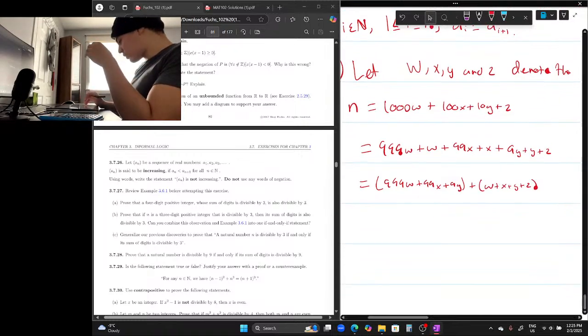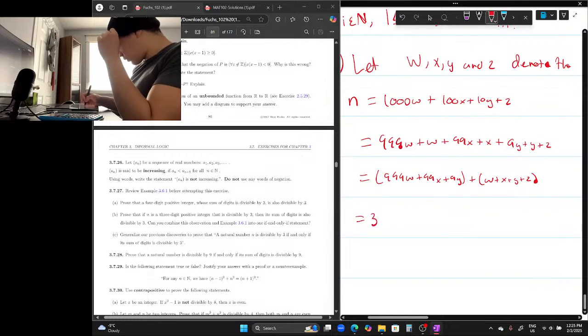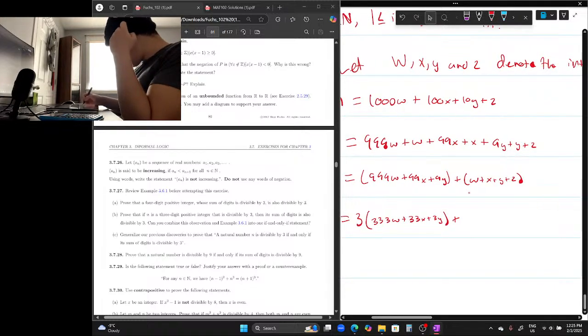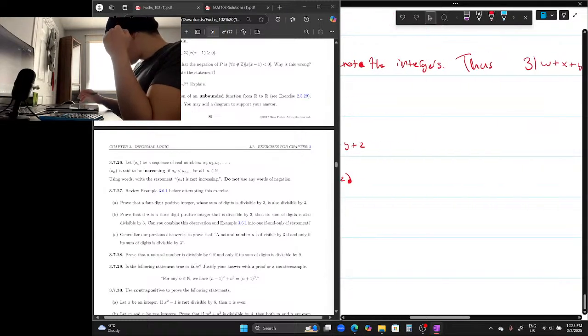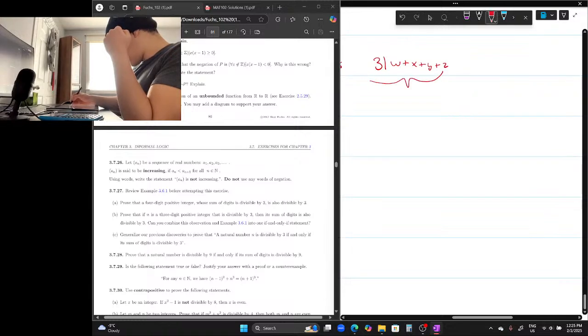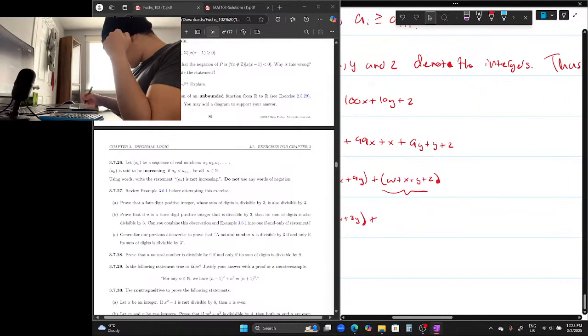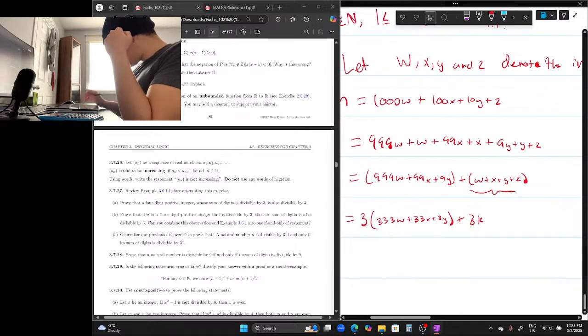Again, just regrouping them, we can also clearly factor out a 3 from this. So 333w plus 33x plus 3y. Nothing special there. Now this, well, we said above that this was divisible by 3. So this just becomes 3k, where k is an integer, I'm just too lazy to write it.